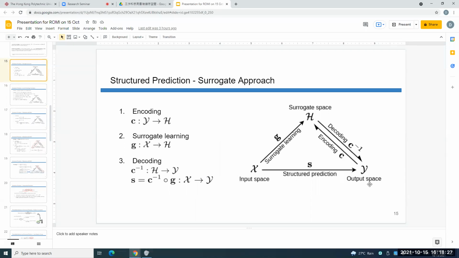So one quantity in output space Y, one quantity in the surrogate space H, so there is a one-to-one map.